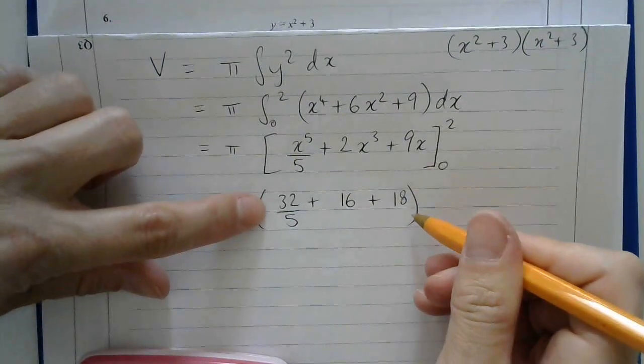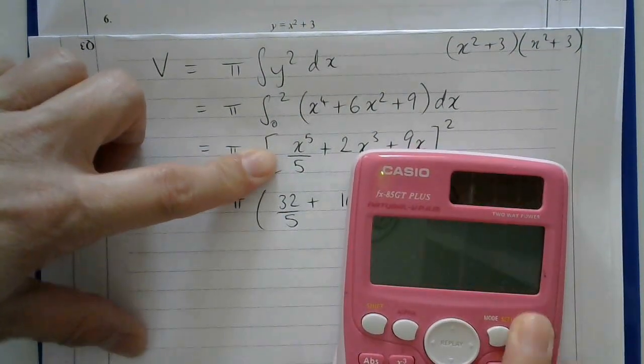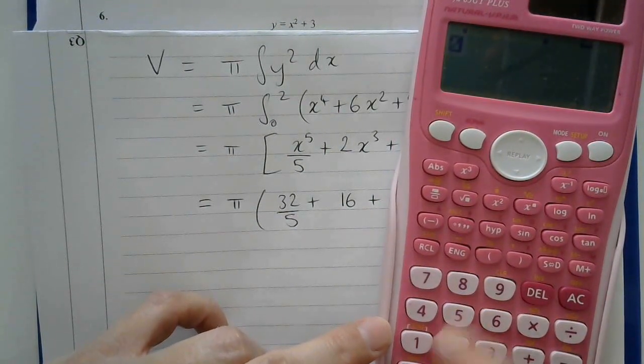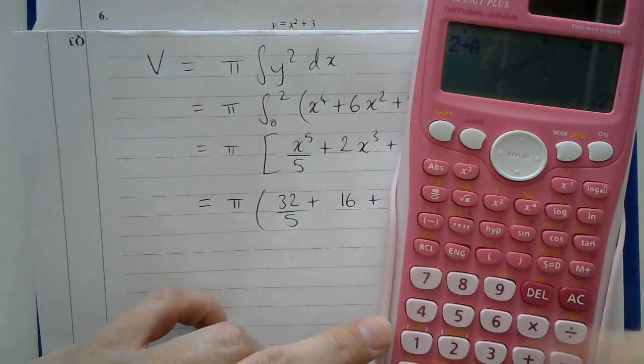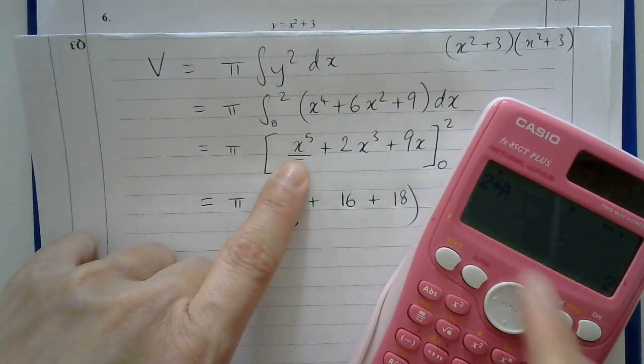Or if you don't trust your mental calculations, just stick a 2 into all of this on your calculator. Quite a useful thing can be, if I pop 2 into the memory, okay, I've popped that into memory A, and then I can just type in what this says, but with A's.